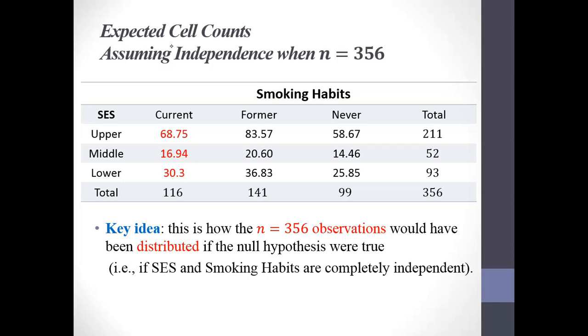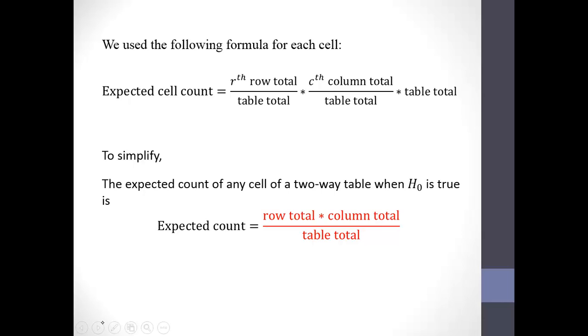Okay, so the key thing here is that this is our expected cell count that we would get if we assume independence. Thinking about the formulas that we've used, our expected cell count is the marginal probability of whatever row we're in times the marginal probability of whatever column we're in, and then we multiply that times the total number of things we had in the table.